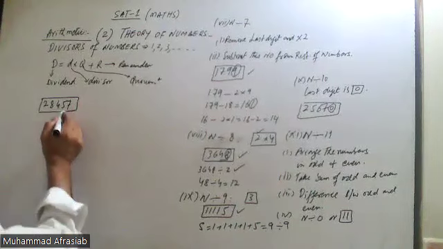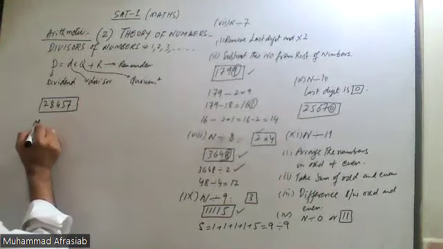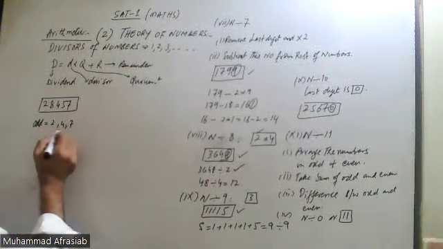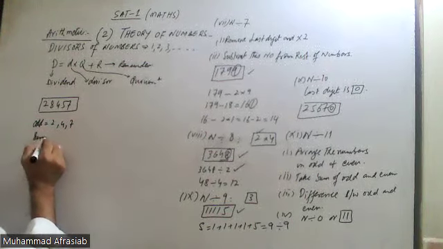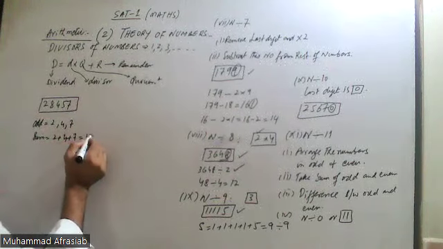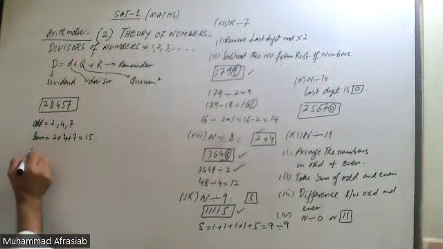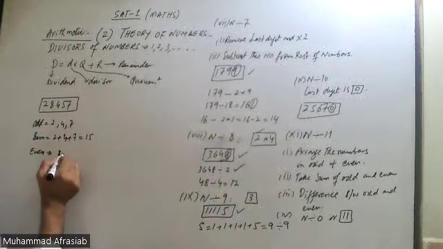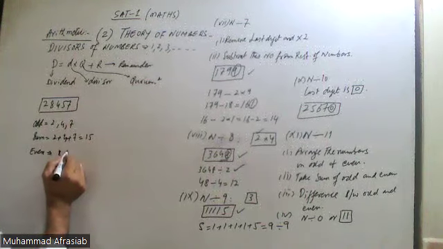Now, its odd positions are 2, 4, and 7. The sum is 2 plus 4 plus 7, which is 15. The even position numbers are 8 and 5.